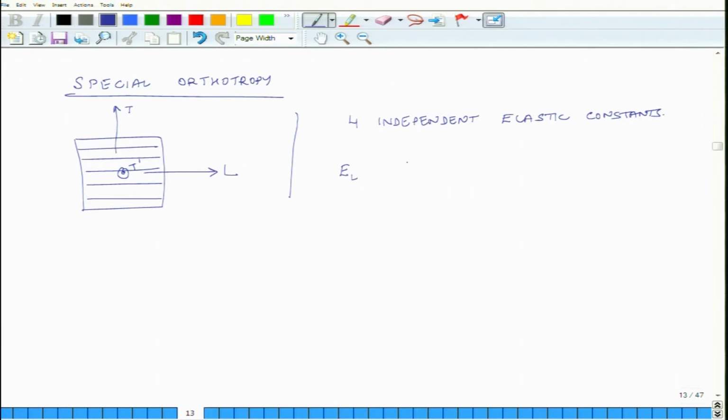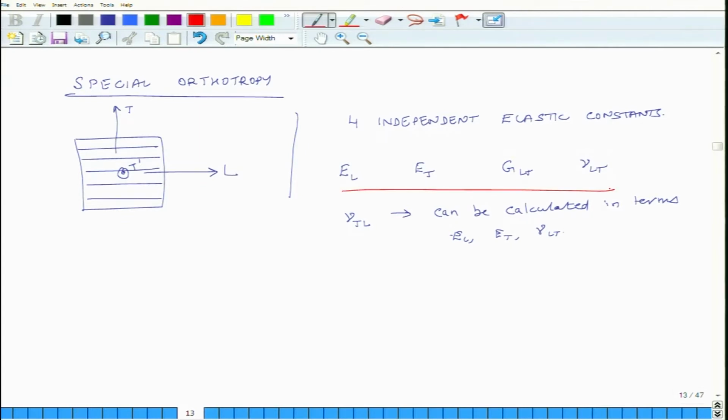Those are EL, ET, and we have learned how to calculate these if we know the material properties, GLT and mu LT, and then mu TL can be calculated in terms of EL, ET and mu LT. So, these are the 4 independent elastic constants.